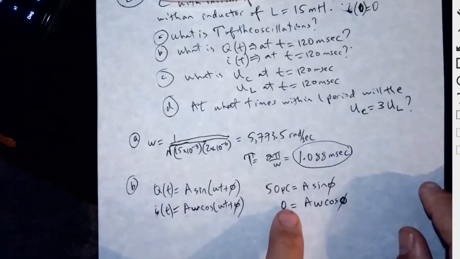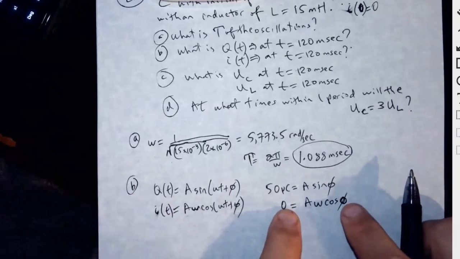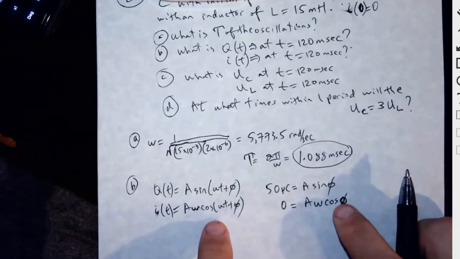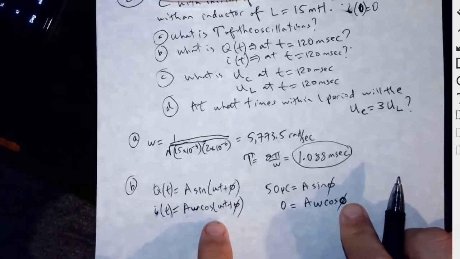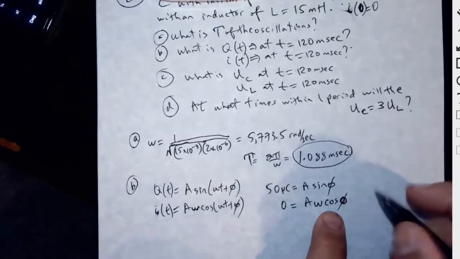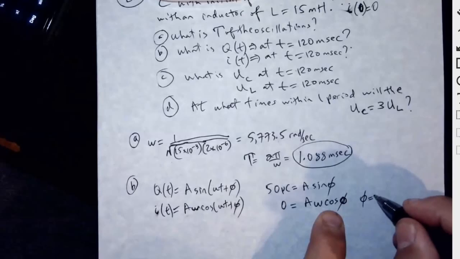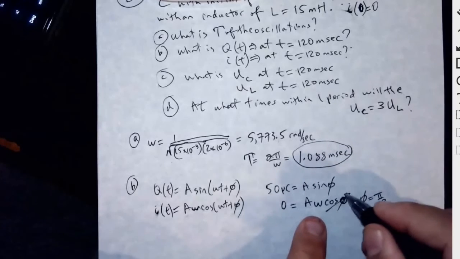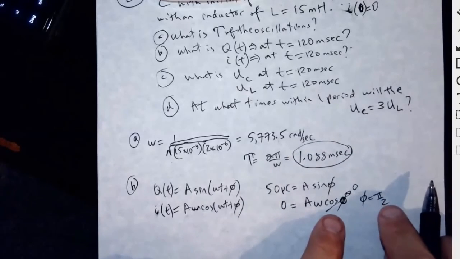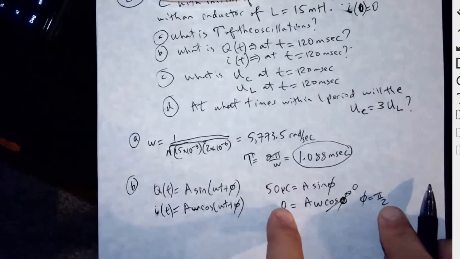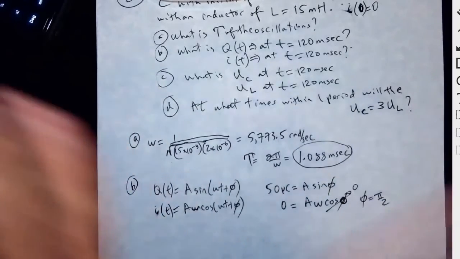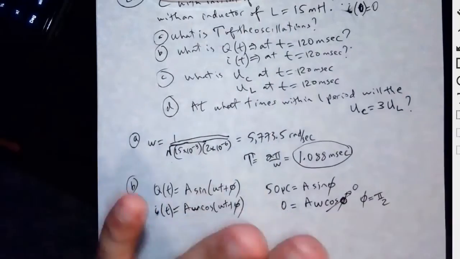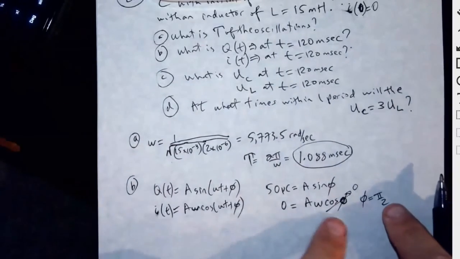So what is a possible value of phi? Well, if you want 0, phi must be either pi over 2 or 3 pi over 2. I think pi over 2 would work. Phi is pi over 2. That would make this 0, since cosine of pi over 2 is 0. That satisfies the initial condition of the current in the circuit. So the inductor has no energy at the beginning, no current and no energy.